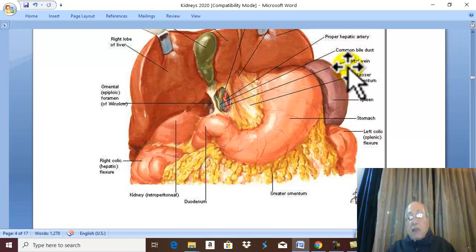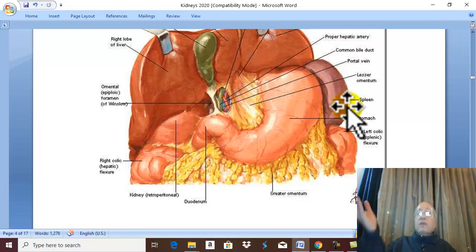On the left side, much more common than rupture of the left kidney is rupture of the spleen. Therefore, the exploration from the anterior abdominal wall on the left side is to expose the spleen, the stomach, and all the surrounding structures to deal with any injury.